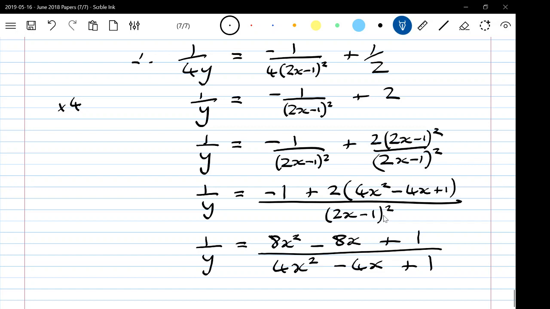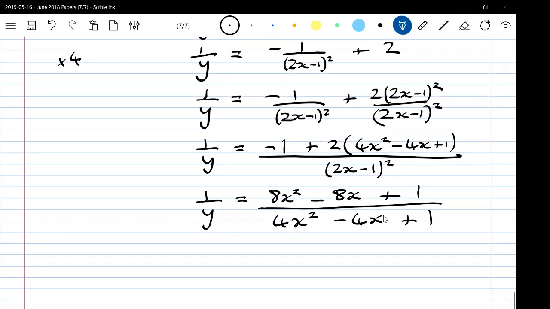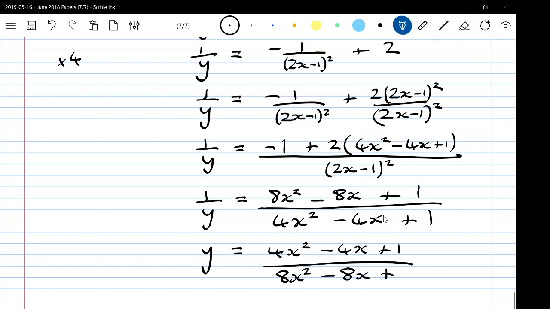I now have a single fraction term on each side, so I can take the reciprocal of both sides. y equals 4x squared minus 4x plus 1 over 8x squared minus 8x plus 1, and that is the answer.